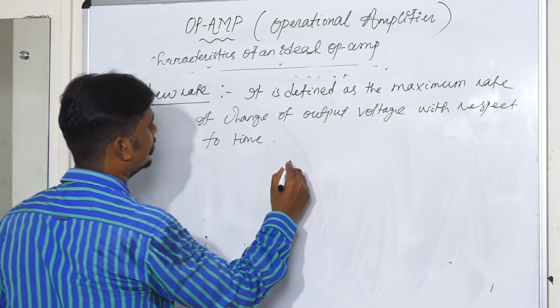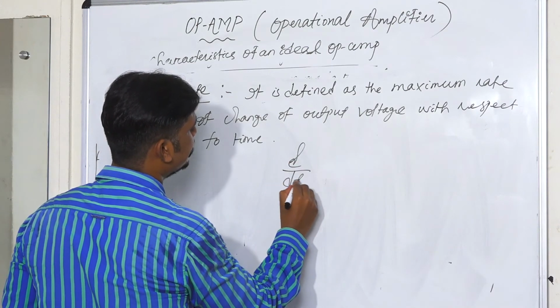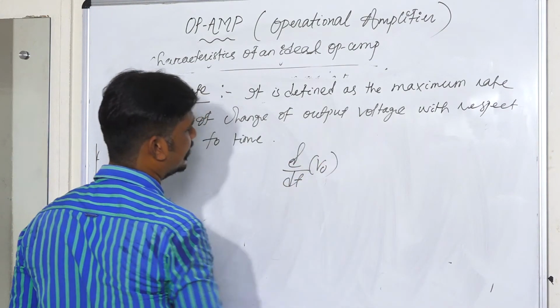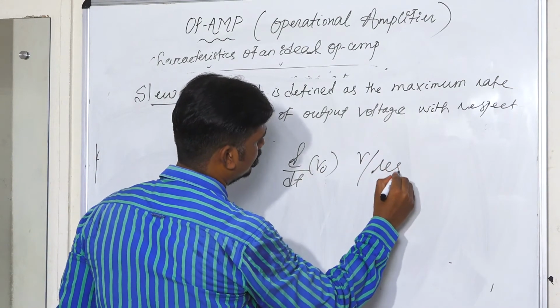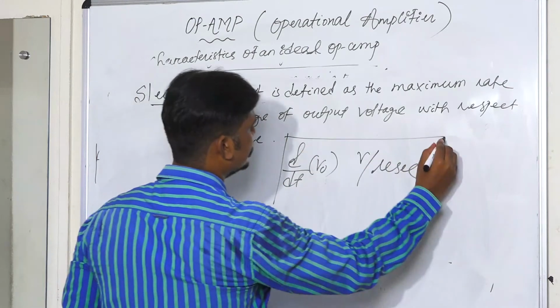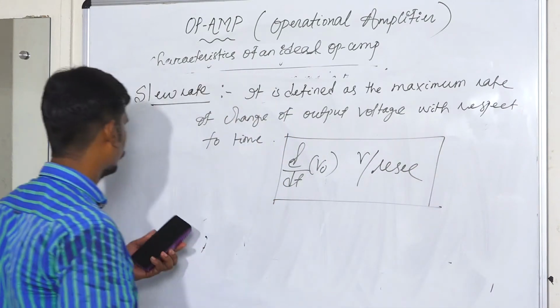Mathematically you can write d by dt of output voltage. So unit is volt per microsecond. So this is your slew rate.